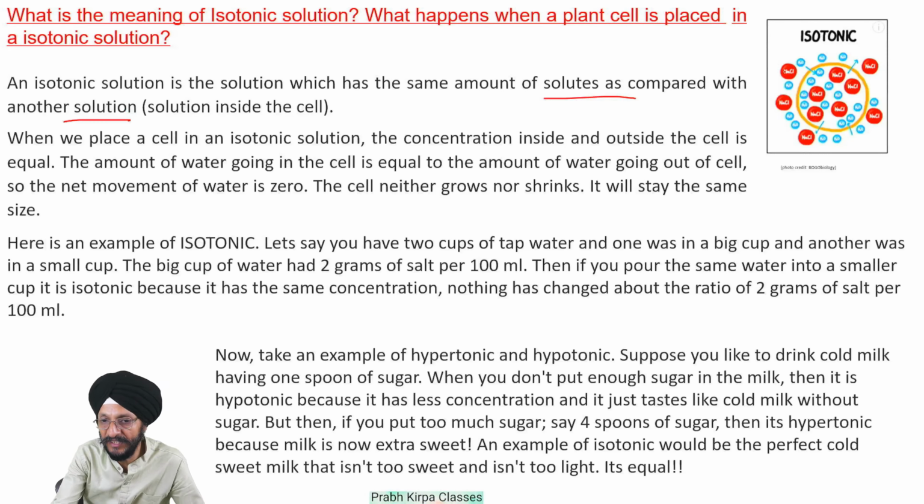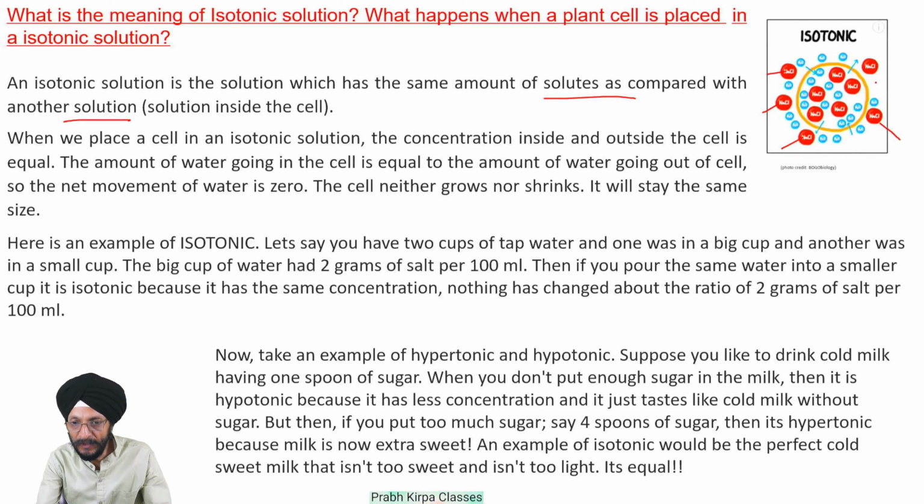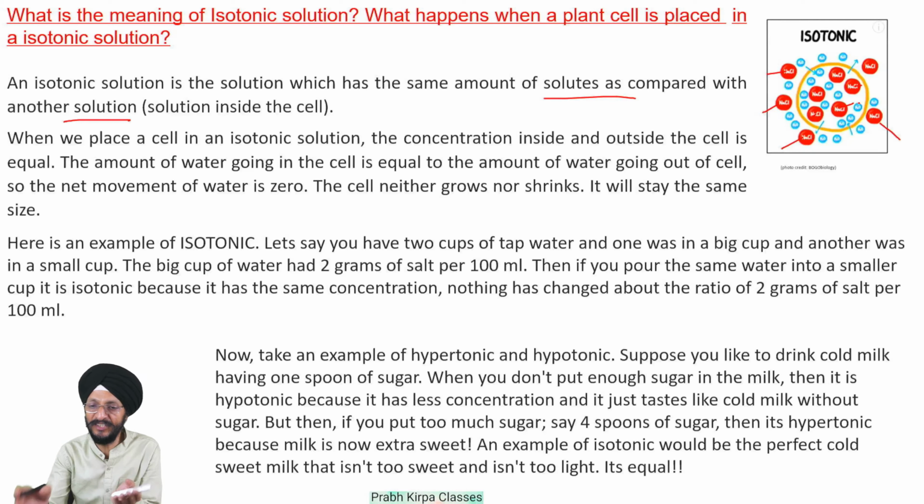You can see here in the figure, these are the solute particles. Only for the purpose of understanding, if you count these numbers, these are 4. Solute particles are 4. Inside the cell, solute particles are also 4. That is the concentration inside the cell, outside the cell. Solute particles are in the same concentration.